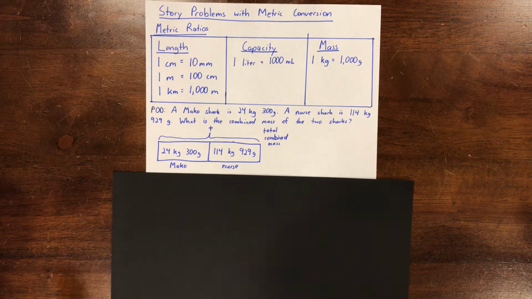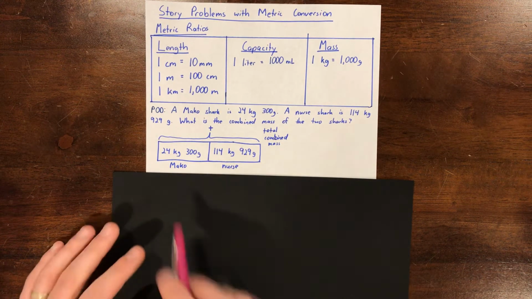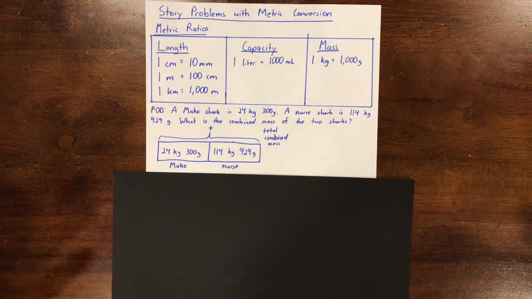We've got different units in this problem, and we need to know which measurement goes with which unit. So when we're solving story problems with measurement, we need to ask ourselves what units are in this problem so that we can know what the measurements actually represent. 24 kilograms would be very different than 24 grams.